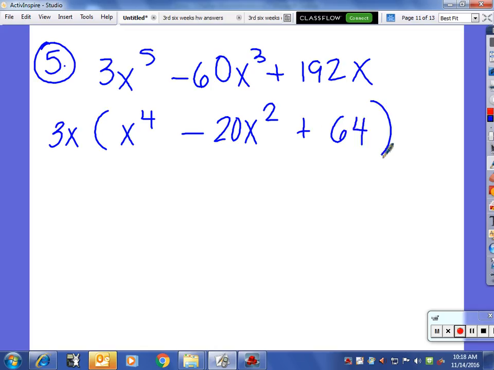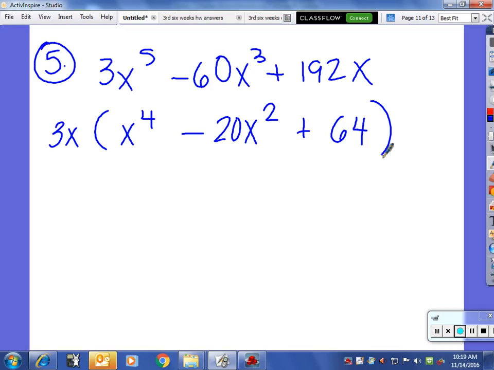Okay, now we're used to factoring where you've got x squareds on the front and x's in the middle. Well, we've got x to the 4th on the front and x squareds in the middle. That just makes it a little bit different, but it's not that big of a deal. First of all, what's the value of a? 1.